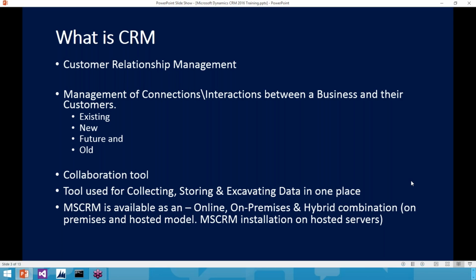All right, so the next option is CRM on premises. Most of the mid to big companies prefer having CRM local to their network. They will have hosted servers within their network, and they will install CRM on their servers. That way no one will have access to their sensitive data.